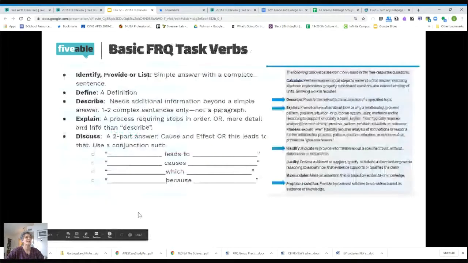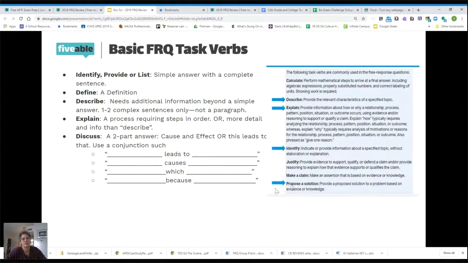I want to go over the task list, and I've also given you this task list straight from AP. And the reason why is because we're going to see a lot of describe, we're going to see a lot of explain, we're going to see a lot of identify, and we're going to see a lot of propose a solution. The other one that's not on here is design an investigation, but we're going to look at that a little bit later.